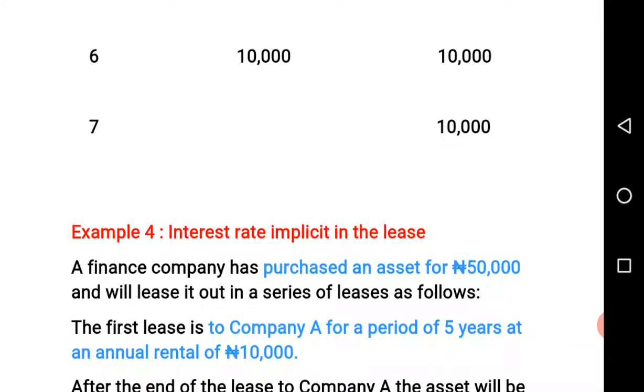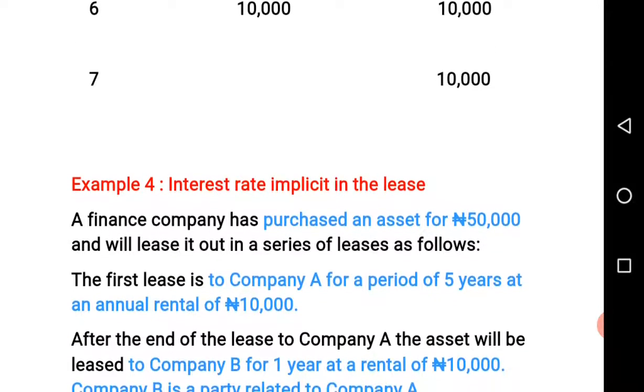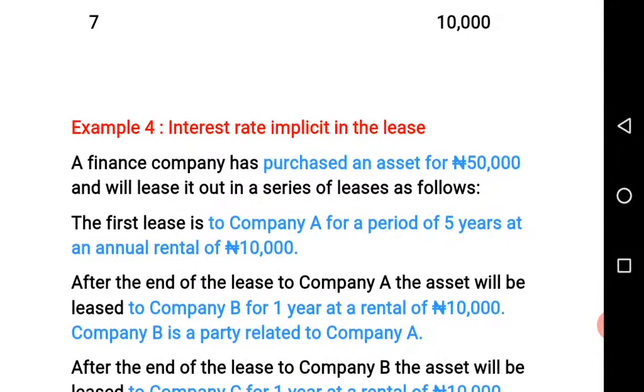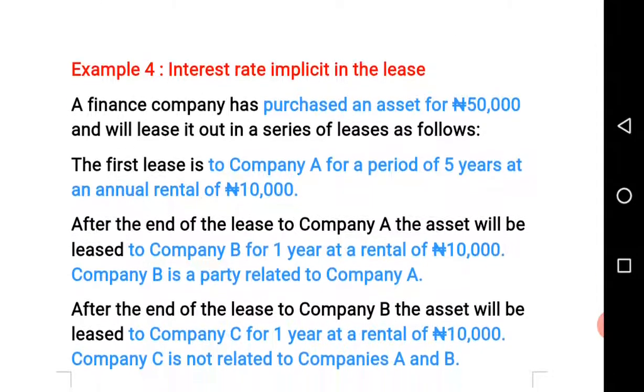Now, in example 4, we have the interest rates implicit in the lease. We are going to be looking at an example on the interest rates implicit in the lease. A finance company has purchased an asset for 50,000 naira, dollars, whatever currency you use, and will lease it out in a series of leases as follows. The first lease is to company A for a period of 5 years at an annual rental of 10,000.